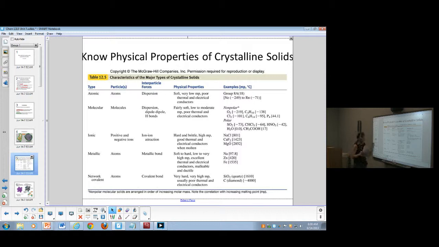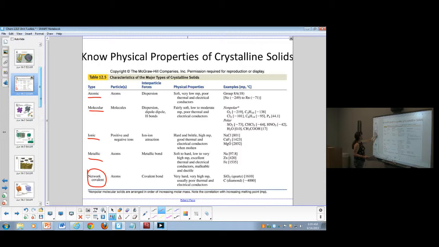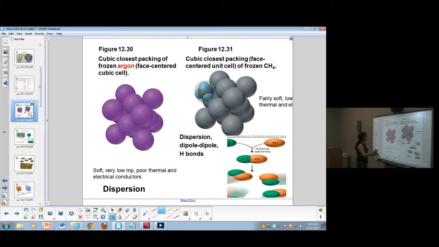Now, among crystal solids, we're going to study the atomic, molecular, ionic, metallic, and the network covalent. So let's just go ahead and get started looking at those. For example, this is our atomic structure.